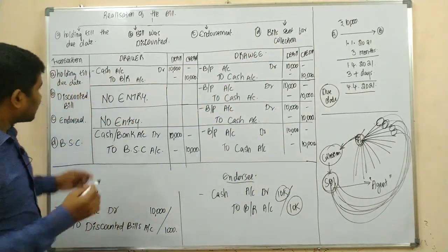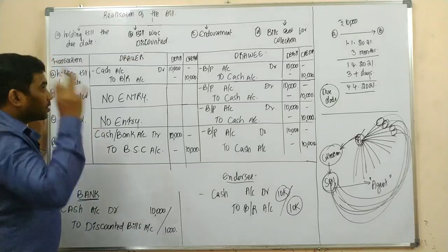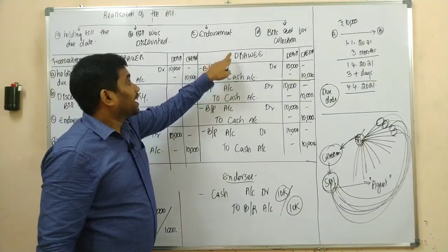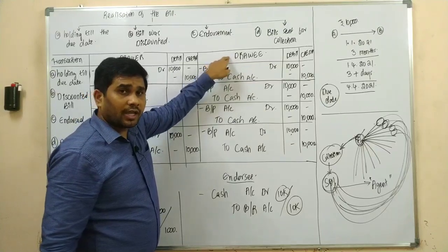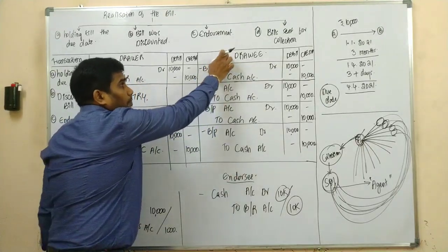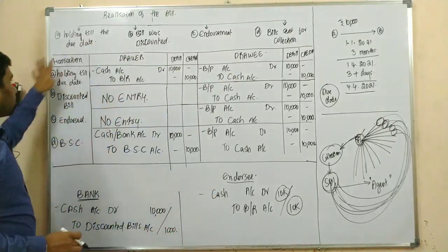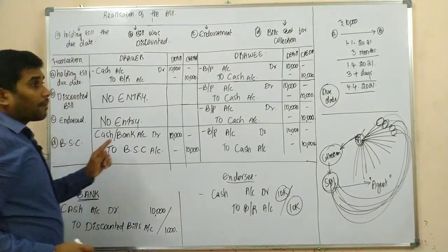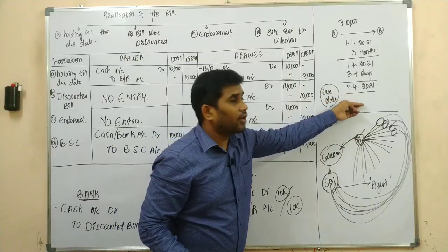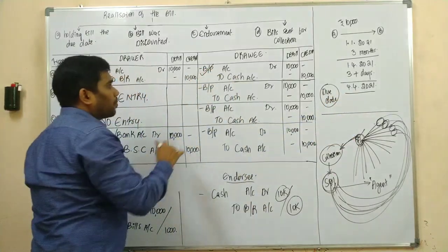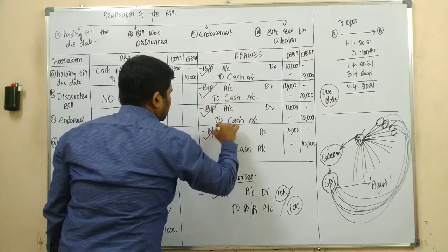So let us concentrate here. In the books of drawee, there is a logic here. In the books of drawee, upon payment of bill, whatever could be the situation, upon payment of money on due date, the journal entry would be bills payable would always be debited.